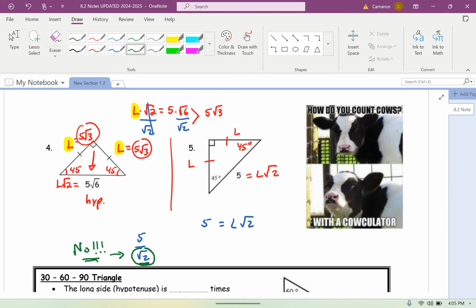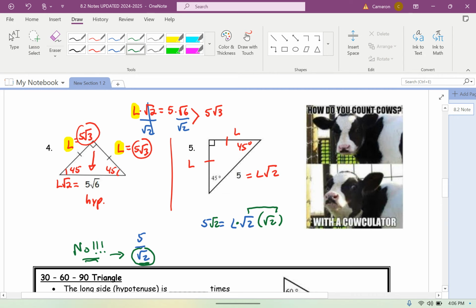The easiest way to fix this problem is to multiply both sides by rad 2. And you might be thinking, wait a second, the opposite of multiplication is not multiplication. And that's true. But the point of doing this is because I'm strategically multiplying by rad 2 so that the radical goes away.